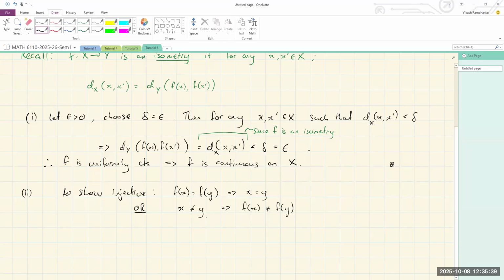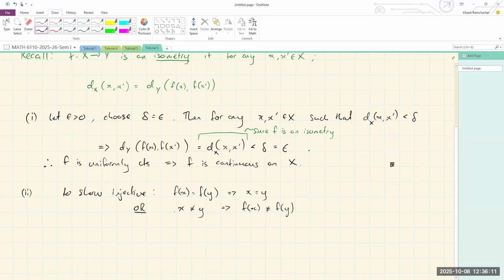In fact, this is actually the definition of injective, but the one we usually prove, which is written in the first line, is actually the contrapositive of the definition. But anyway, they are equivalent to each other, so it doesn't matter. You could use any one of these to show that an isometry is injective.